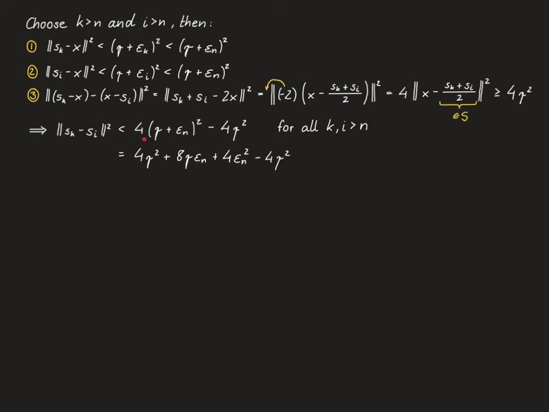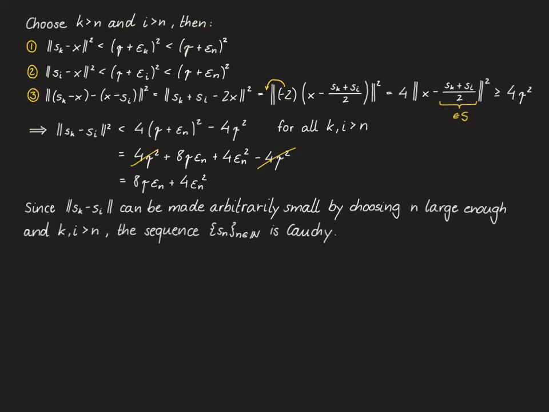The expression on the right-hand side can be simplified a little further by multiplying out this quadratic term, and if we do that, we see that we can cancel out the term for gamma squared, and we get that the squared norm of sk minus si is less than 8 gamma epsilon n plus 4 epsilon n squared. So apparently we can make the squared norm of sk minus si arbitrarily small by choosing n large enough and hence epsilon n small enough.